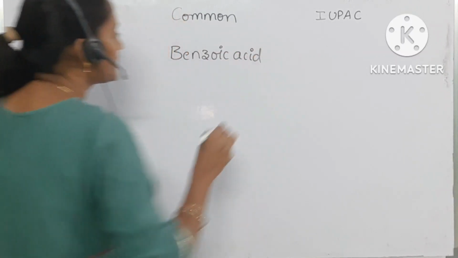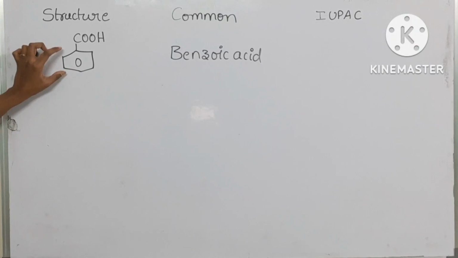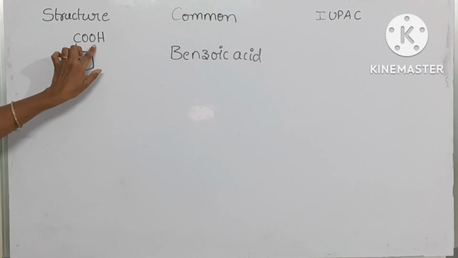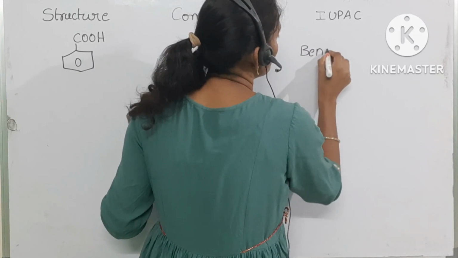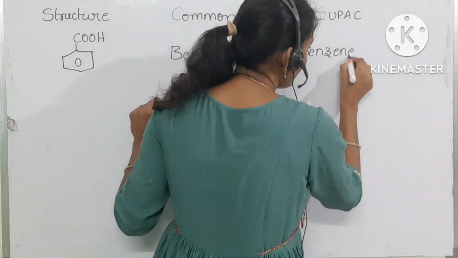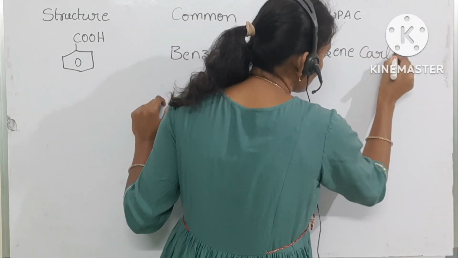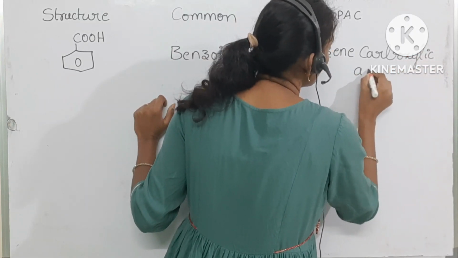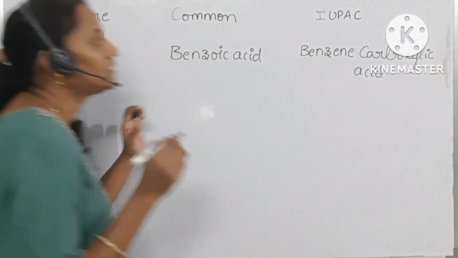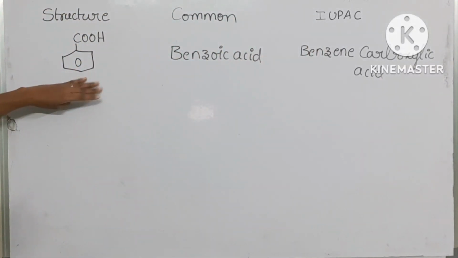Its IUPAC name is, see, this is the benzene, this is the carboxylic acid, so you can write benzene carboxylic acid. Benzene carboxylic acid is the IUPAC name for this compound.